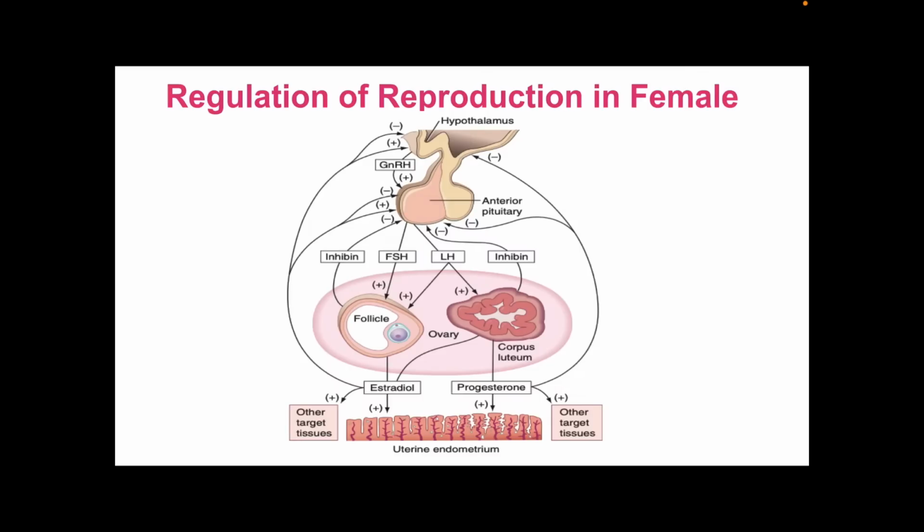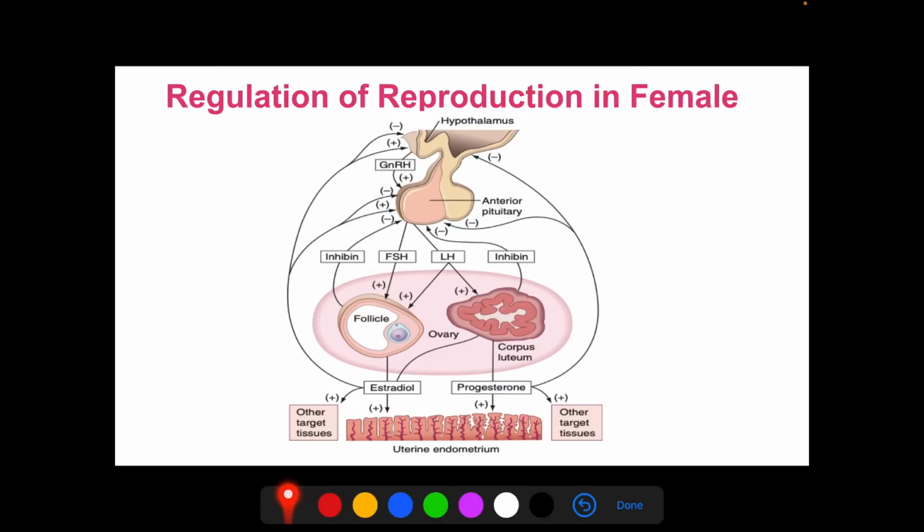Now this illustration shows us the regulation of reproduction in female persons. Just like in males, the GnRH is also involved in here. That's from the hypothalamus, and it stimulates the anterior pituitary to increase the synthesis and secretion of both FSH and LH.